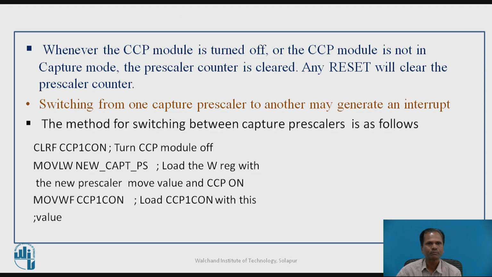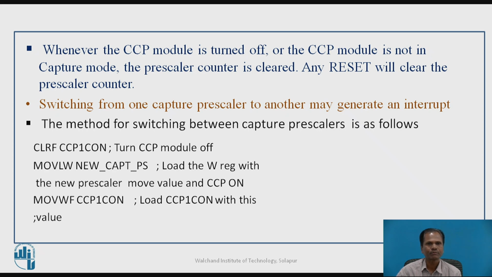Whenever the CCP module is turned off using CCP control register, or the CCP module is not in capture mode, the prescaler counter is cleared. Any reset will clear the prescaler counter. Switching from one capture prescaler to another capture prescaler scale may generate an interrupt.